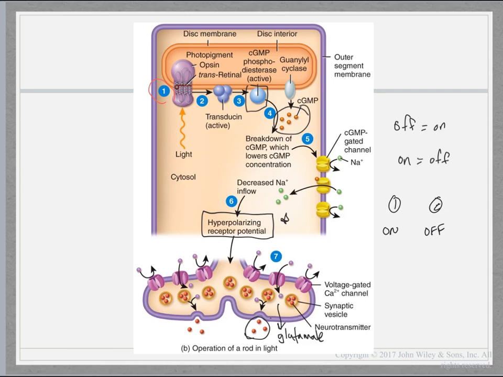By causing less glutamate to be released, this causes the on bipolar cells to lose inhibition and become active, while the off bipolar cells lose excitation, they become hyperpolarized and become silent. So what are we talking about? We're talking about this.